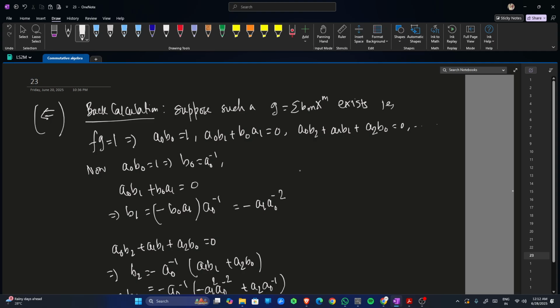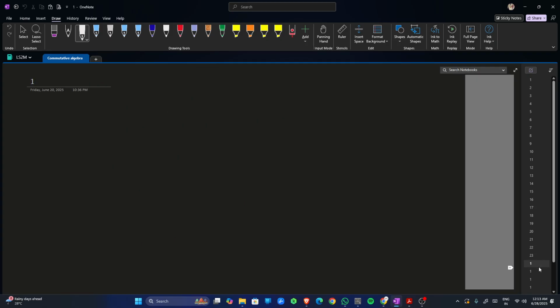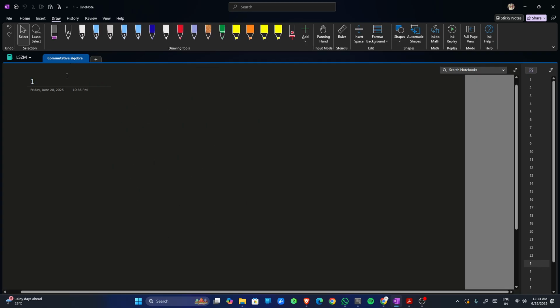You know f is a0 plus a1x plus dot dot dot, and a0 is a unit. You can put b0 to be a0 inverse, b1 to be this, b2 to be this, and then take the product. You have fg equal to 1.